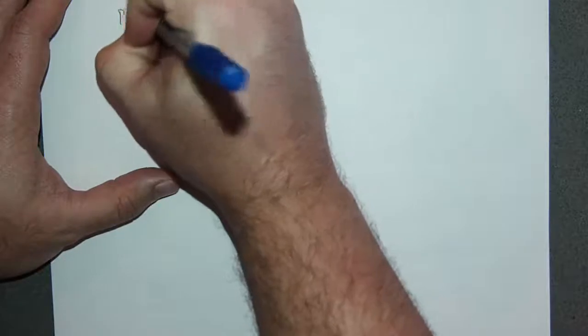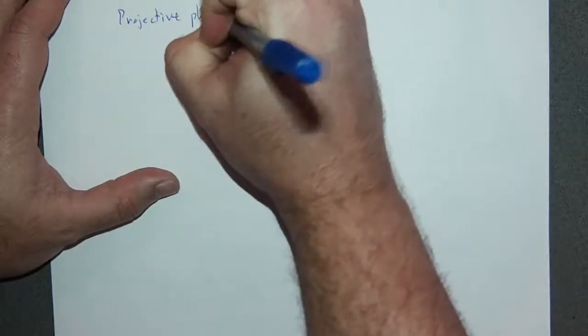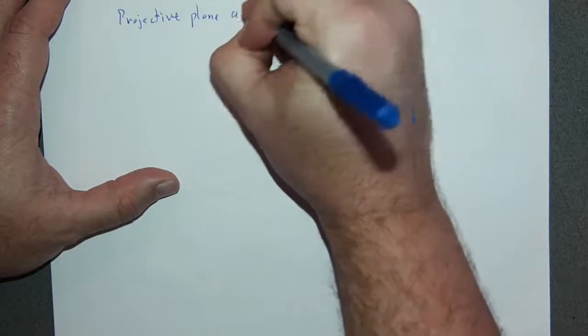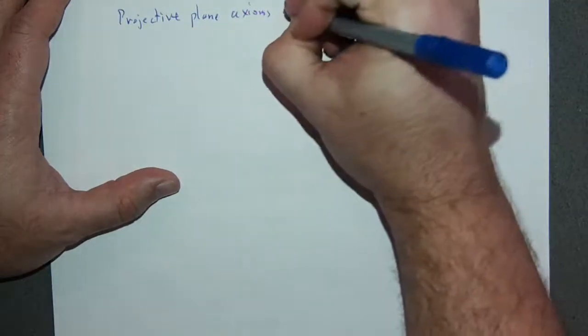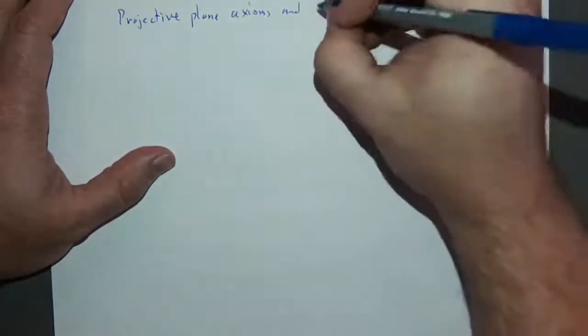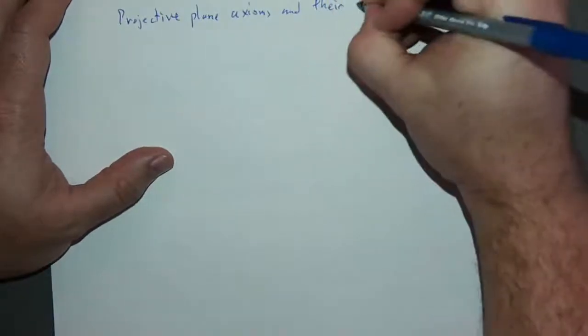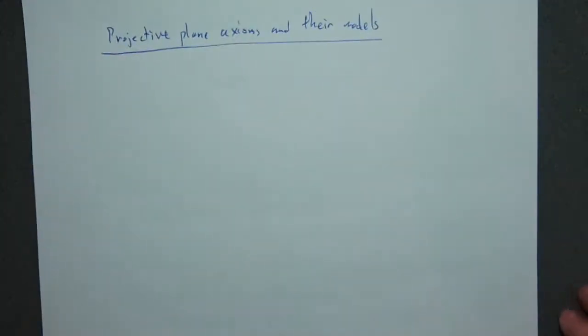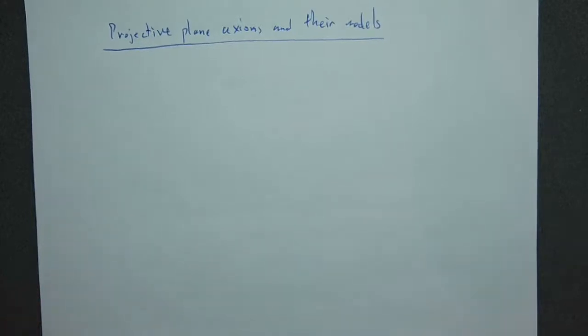Okay, so this brings us to a construction of what's called the projective plane. So projective plane axioms and their models. So this is in direct comparison with, say, the Euclidean plane, right? Okay.